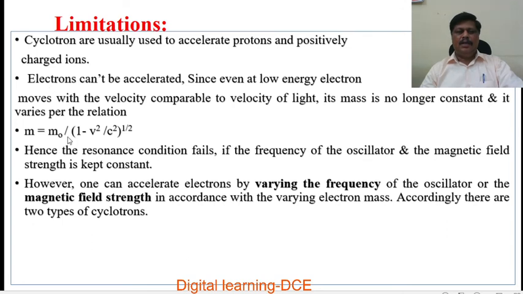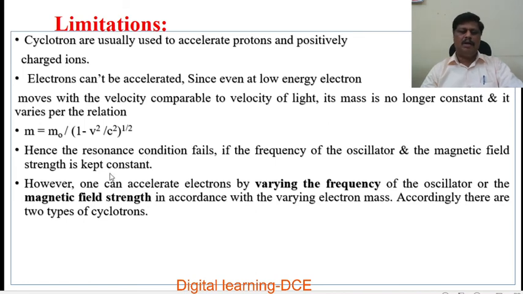Electrons cannot be accelerated since even at low energy the electron moves with a velocity comparable to the velocity of light. If the electron moves with a velocity comparable with the velocity of light, its mass variation is large. Hence, the resonance condition fails if the frequency of the oscillator and the magnetic field strength are kept constant in the cyclotron.